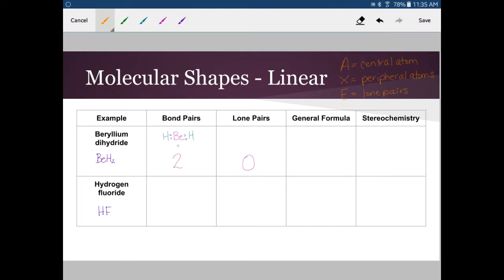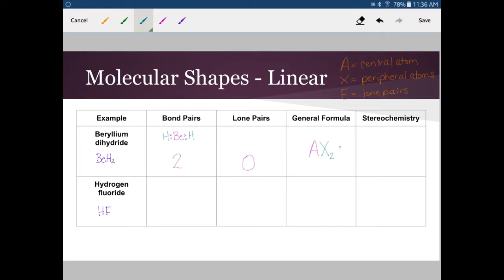So when I look at my central atom, I have only a single central atom, so I notate that as A. I have 2 peripheral atoms, so I identify that as X, but because I have 2, I have to say AX2.